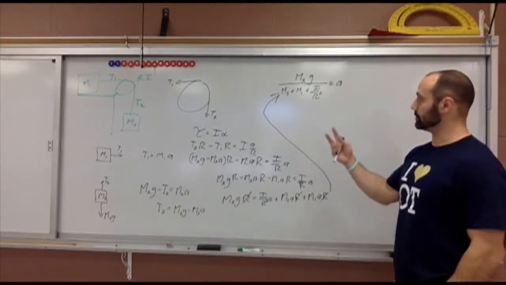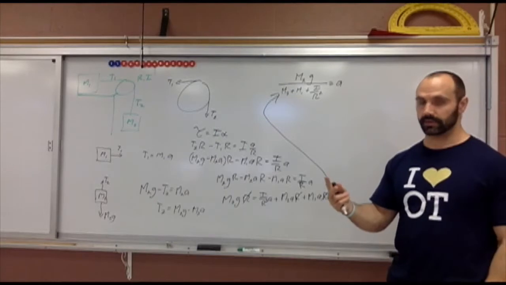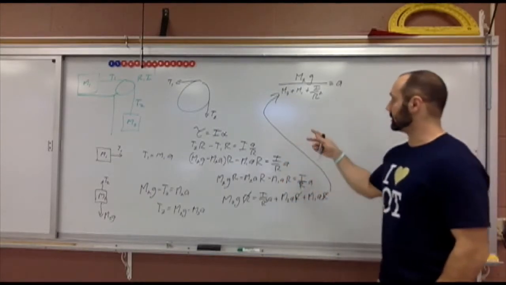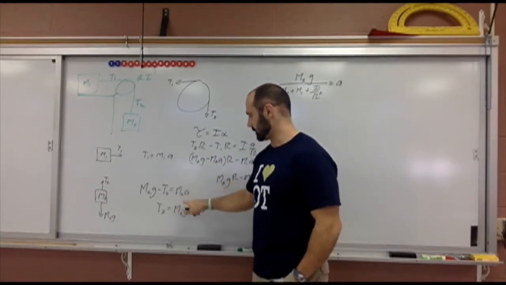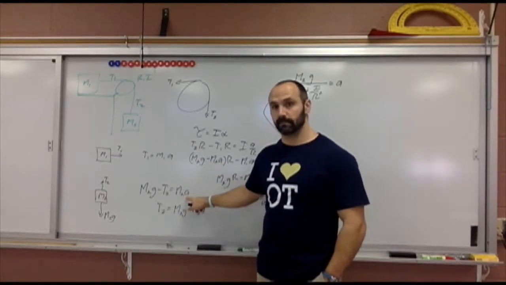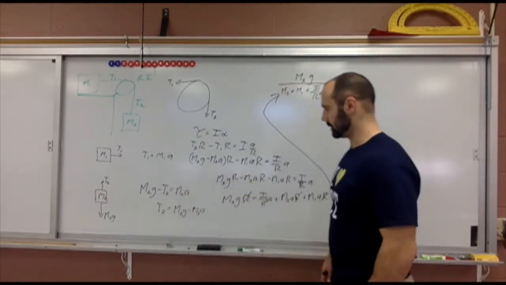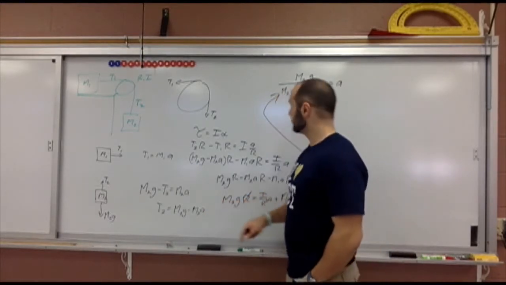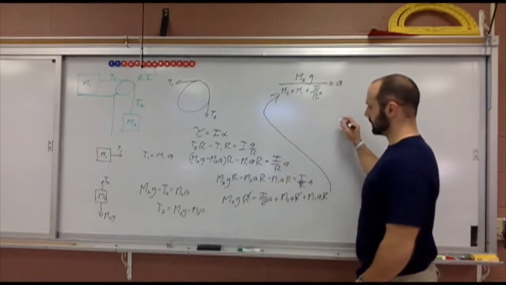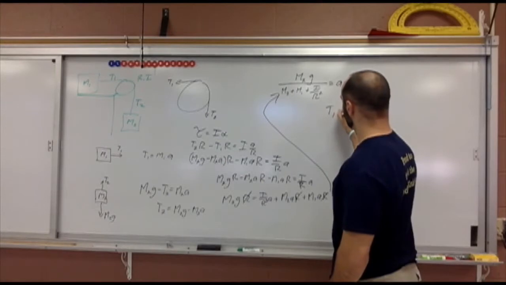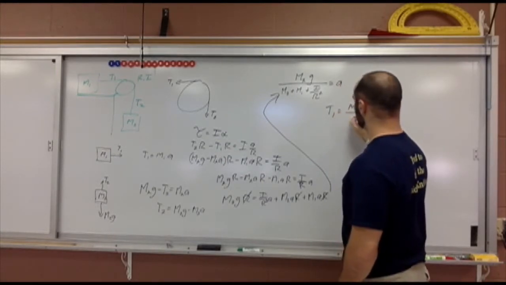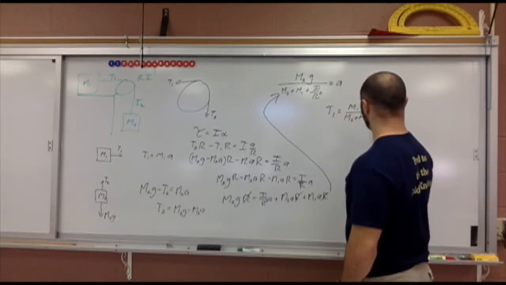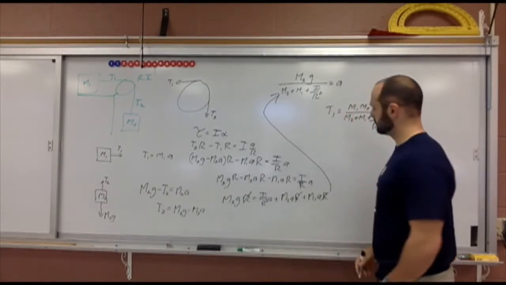Now the tensions are two different things, right? I have two different tensions. The way that I get those is I simply take A and plug it in here and here, which is going to be a little messy. Actually, plug A in here, it'll be better. Okay. So then T1 is M1 M2 G over M2 plus M1 plus I over R squared.